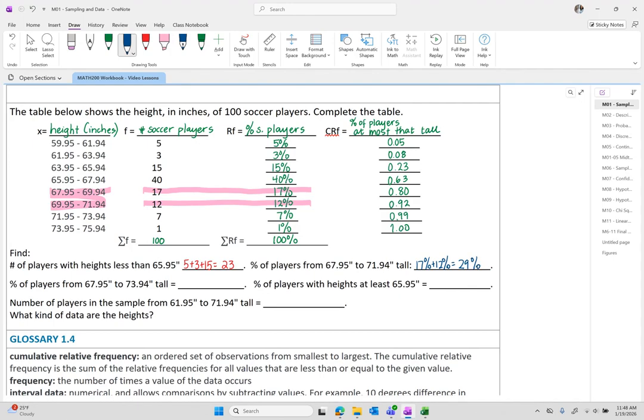The percent of players from 67.95 to 73.94, and again this is percent of players. So looking at relative frequencies, 67.95 to 73.94, that will be from here to there, and relative frequencies will be 17 plus 12 plus 7.